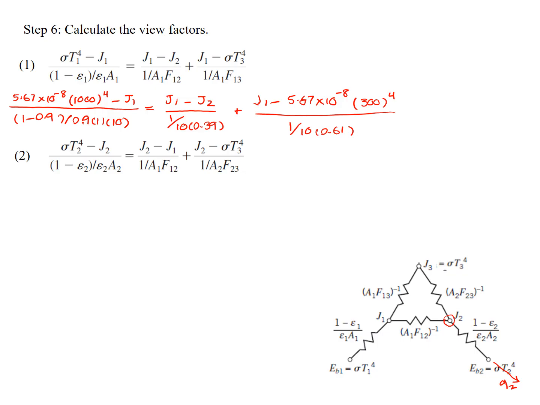For the second one, again, I'll be able to do 5.67 by 10 to the negative 8. Multiply that by T2, which is the temperature of the absorber, which is 600 to the power 4, minus J2. Divide that by 1 minus emissivity of the second surface is 0.5.